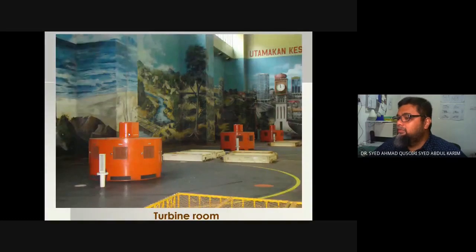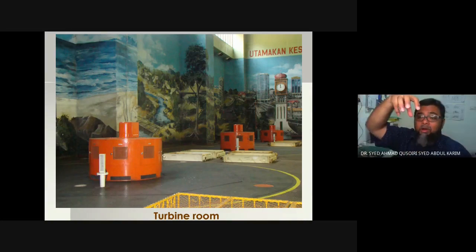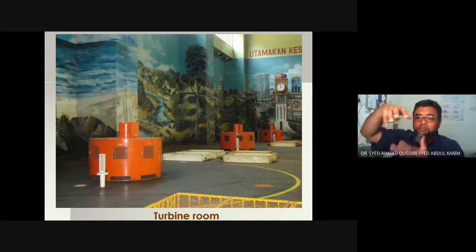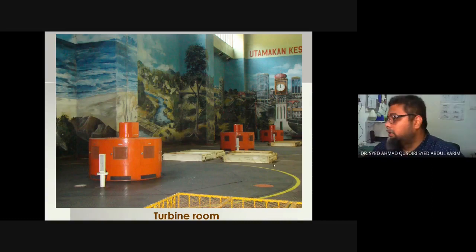Okay, so as you can see here, last time we visited this place, Kenyir or something. This is just the tip of the entire alternator installation. It's just a small tip. Actually the alternator turbine is very, very big. Here they have 3 or 4 of these alternating turbines.